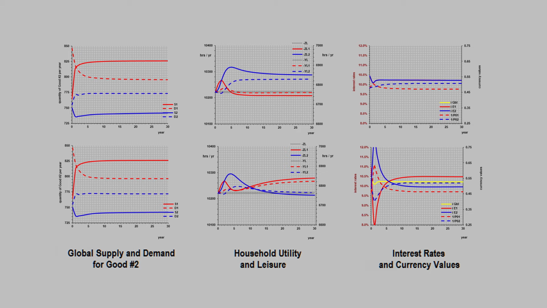Recall that we saw Economy 2's households experience a period of superior benefit from the initial stimulus, as Economy 1 gathered the resources it would need to realize its new technical potential. In this transient interval, Economy 2 presumably did the greater part of the financing for Economy 1's expansion.